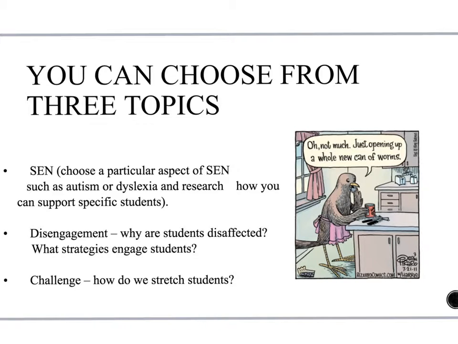There are 3 broad areas of choice. SEN, so you could look into a specific student with autism or dyslexia or ADHD, or disengagement, and there are disengaged students in every classroom, or challenge, and again, in every classroom we have students that we need to challenge. So choose one of these broad areas.